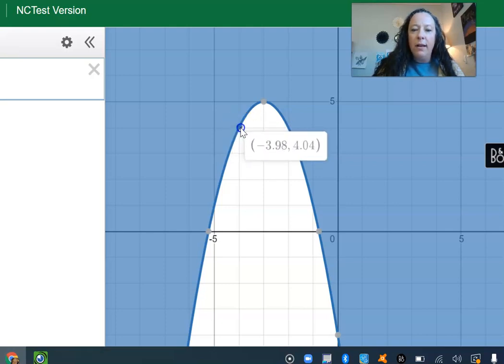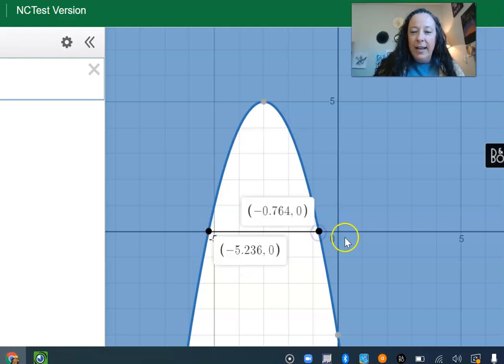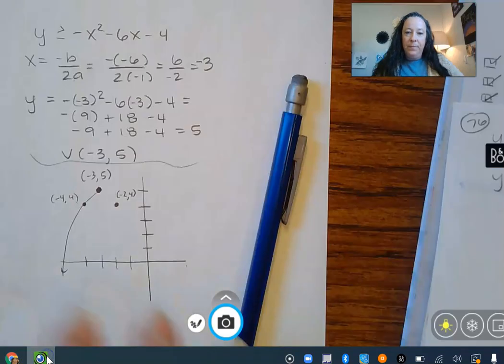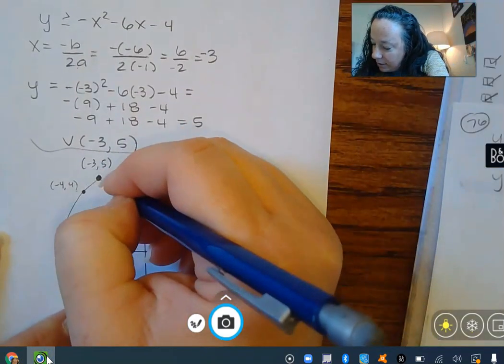I said that wrong earlier. All right, so this crosses the x-axis at ugly places. So it actually doesn't go through the origin, so I'm okay. Just to make sure when I go to draw the graph, I don't show it going through the origin, and I keep it to the left of the origin.